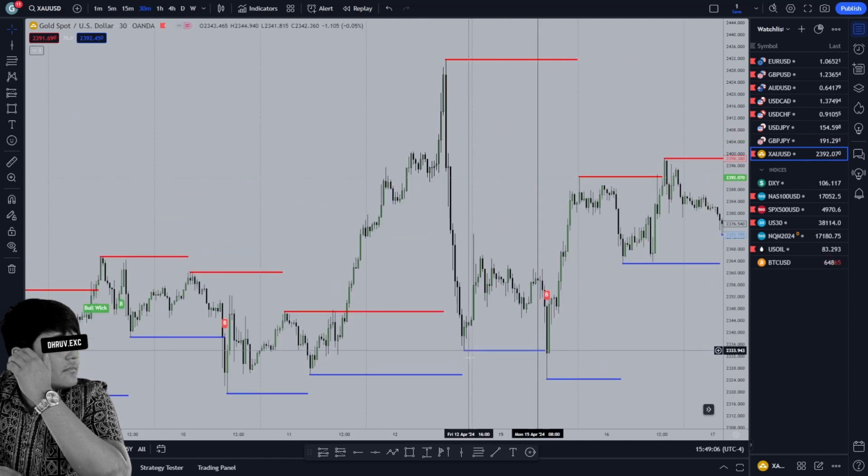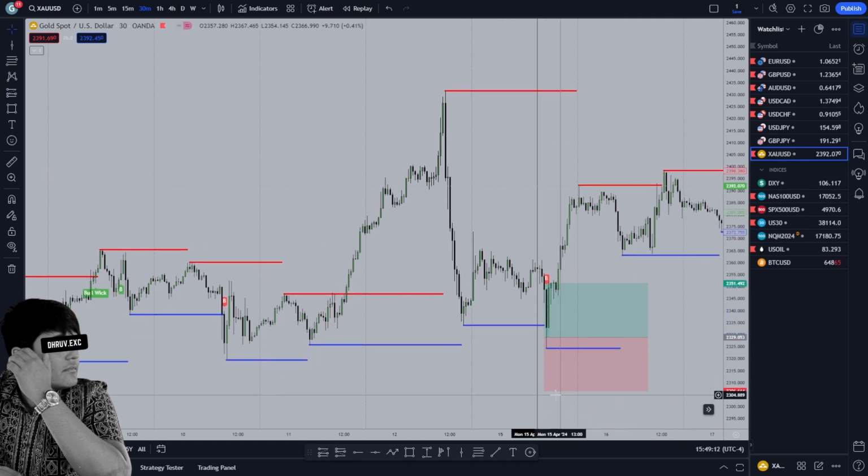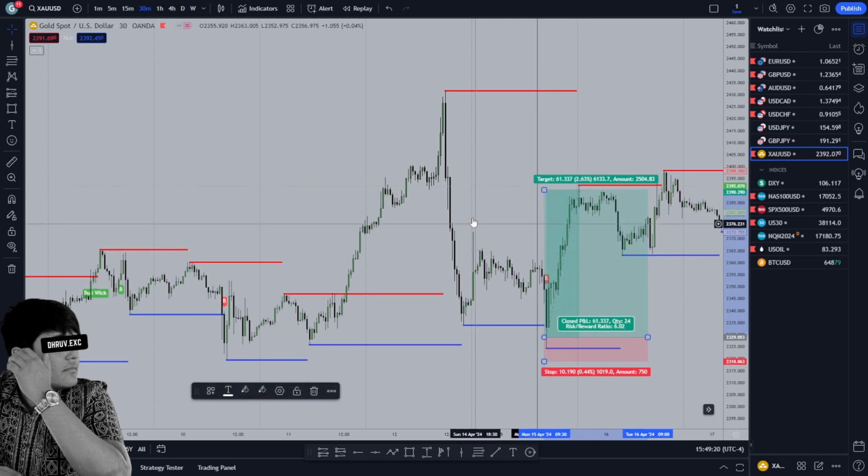It went down, and now your limit will be just a little bit below this low. Over here you will place your limit, and your stop loss will be below, like 10 pips or something, and now you can target the highs. Think about it, it's like a sniper entry, but you should not have a really small stop loss.